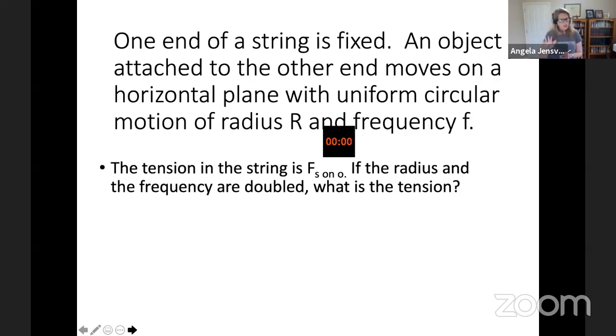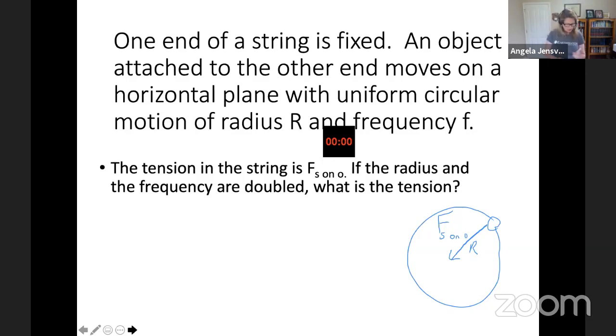Okay, so let's draw a picture so we can visualize what's going on. You have an object on a string, and it's moving in a horizontal circle of radius r, and the tension in the string is the force of string on object. If you double the frequency and the radius, what happens to tension?